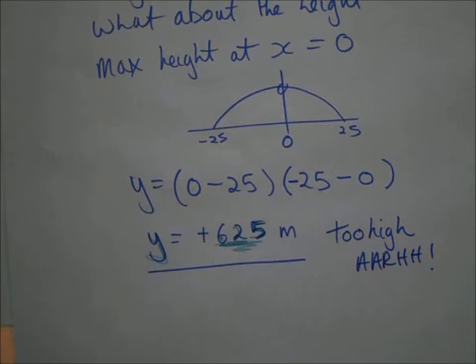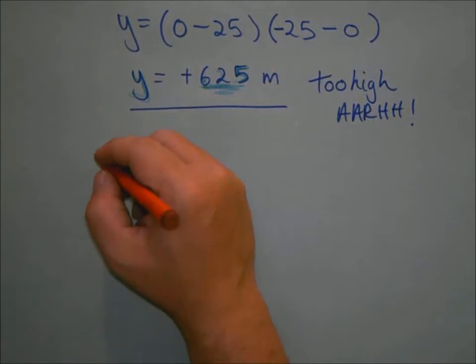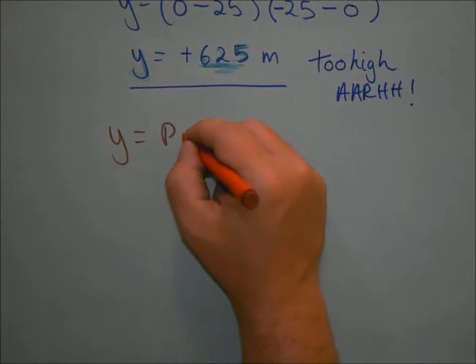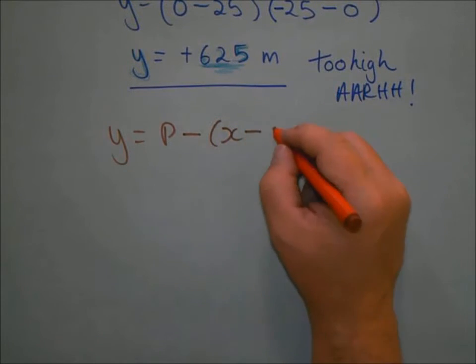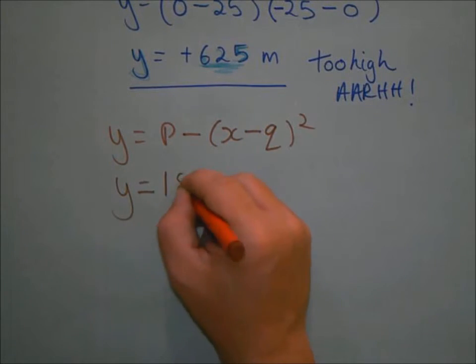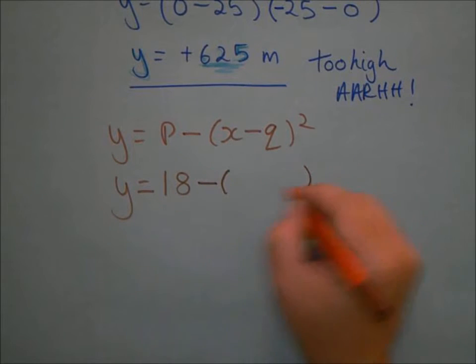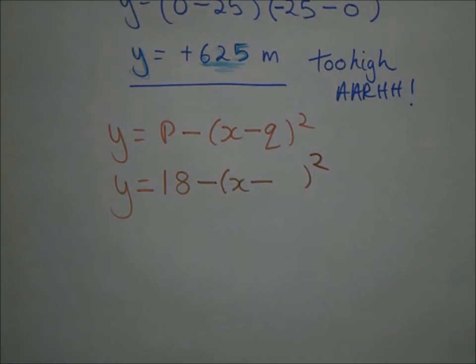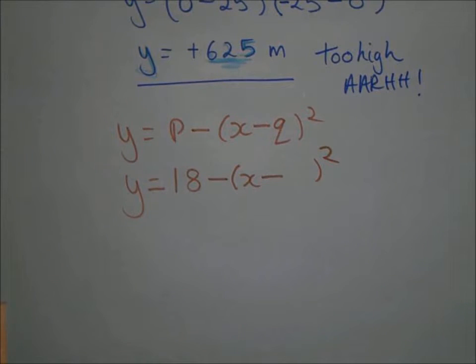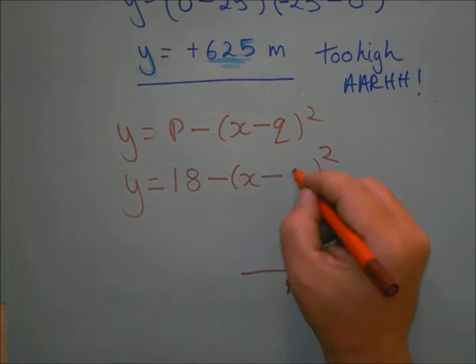So what are we going to do? Now we've used the two brackets method. Perhaps if we went with completing the square, we can control the height. We used the two brackets method because that established the gap of 50 meters, but by using 18 meters, perhaps that will help. So we put the 18 in, and we know that the 18 occurs right in the middle, which of course is when x equals 0.